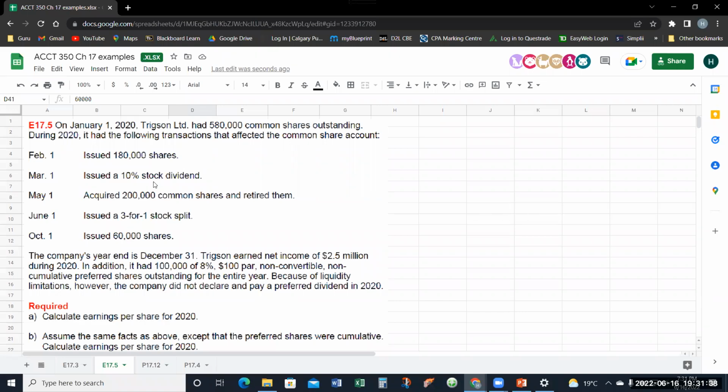So March 1st, 10% stock dividend. For every 100 shares that someone had outstanding earlier, a 10% stock dividend means you will get 10 shares more, right? So the number of shares is bumped up by 10%. From 100%, it goes up to 110%.